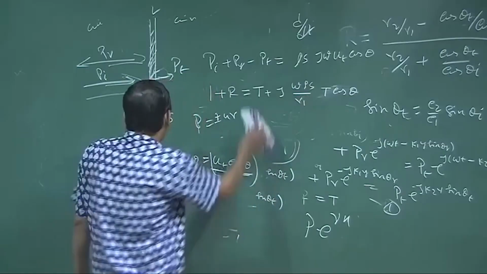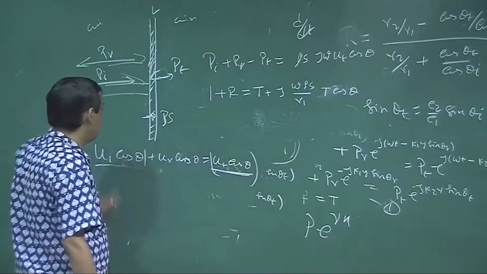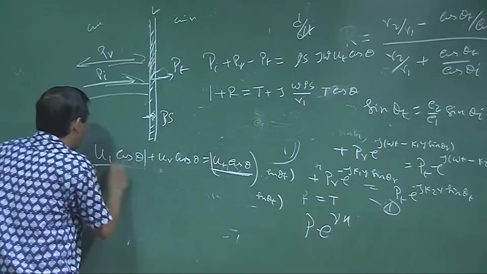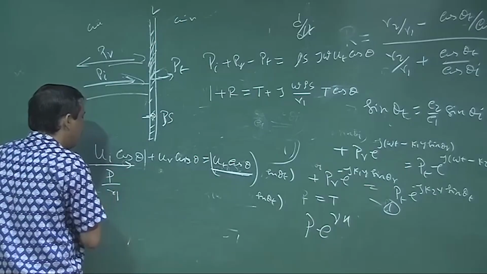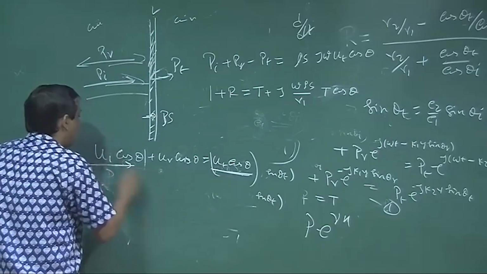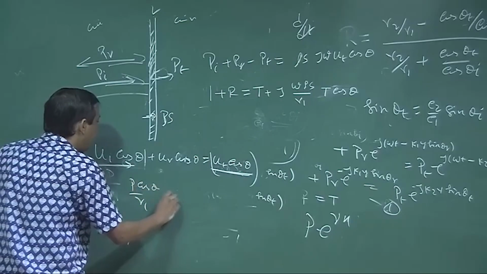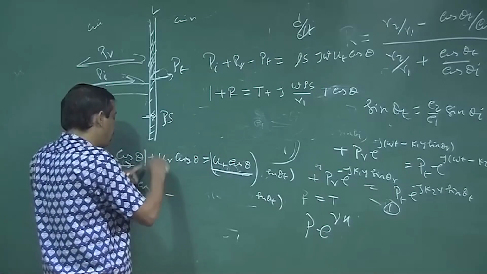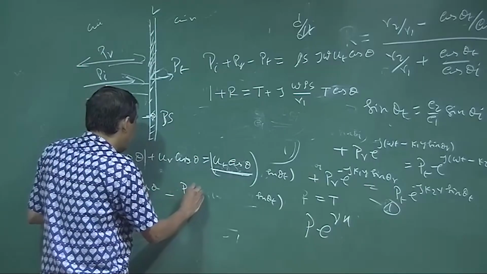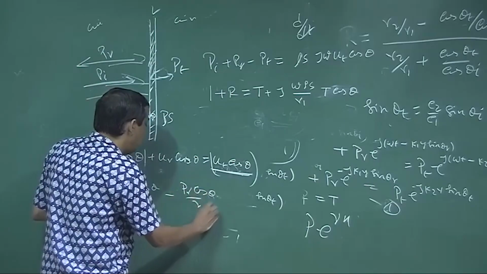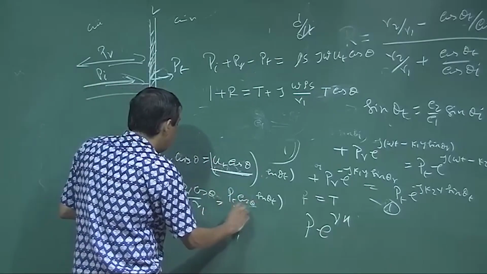From here, if I convert u into p by R1, I can say ui cos theta is Pi cos theta divided by R1, plus the reflected wave, which will be negative, so minus Pr cos theta divided by R1, is equal to Pt cos theta divided by R2.